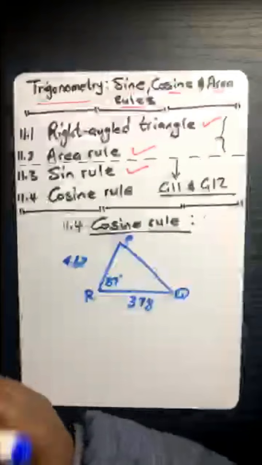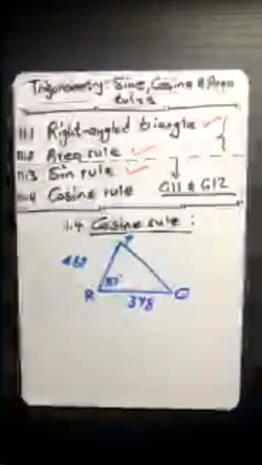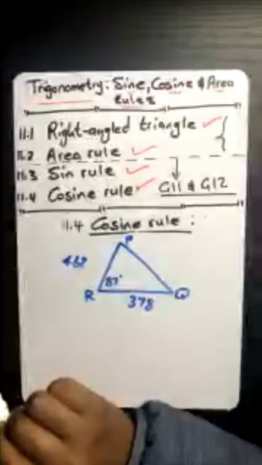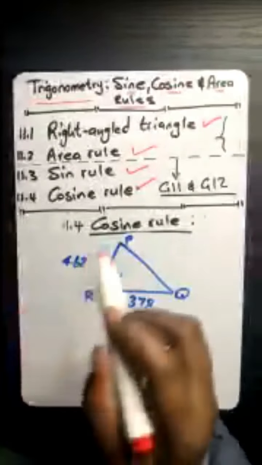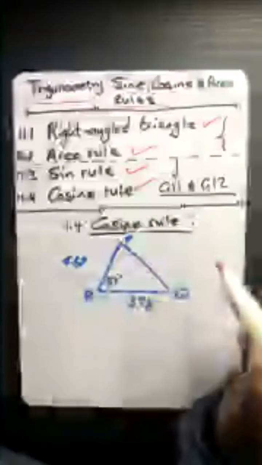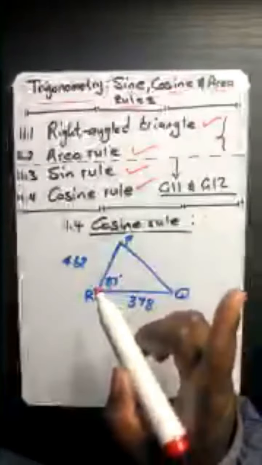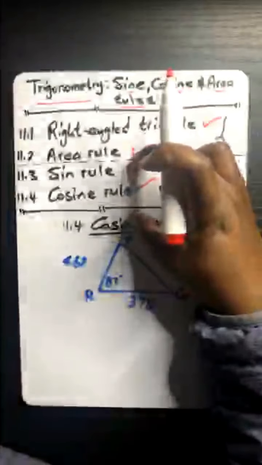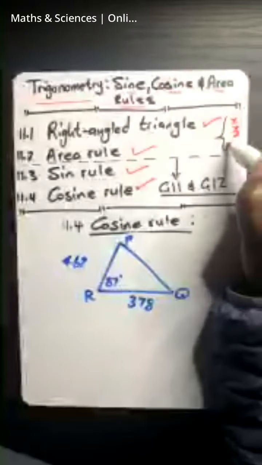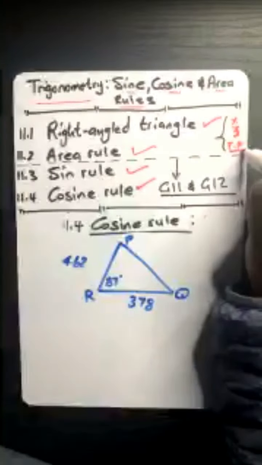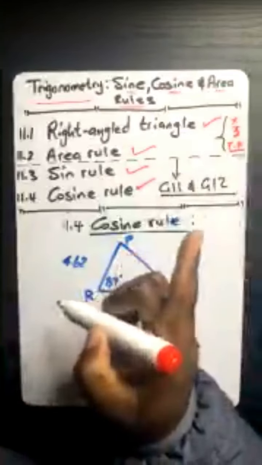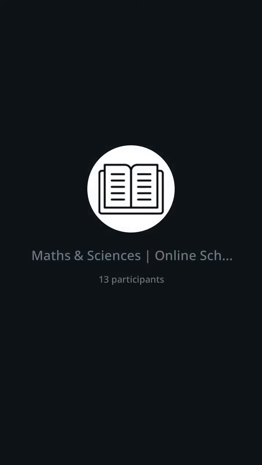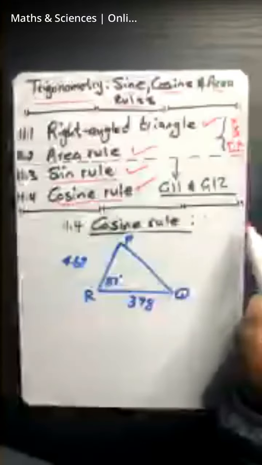So in this case, remember guys, for every triangle that you are given, you ask yourself if it is a right-angled triangle. If the answer to that question is yes, then you cannot use the sine and the cosine rule, but you use the trig ratios and the theorem of Pythagoras. But if it is not a right-angled triangle, you must use either the sine rule or the cosine rule.